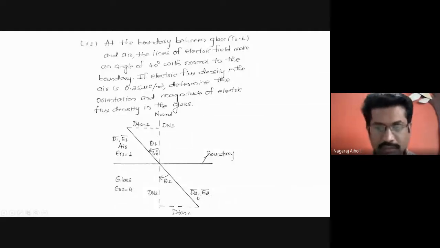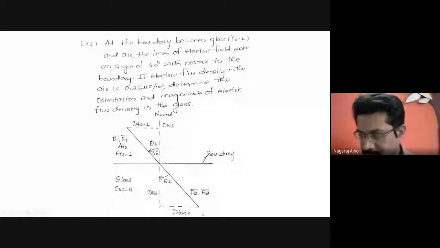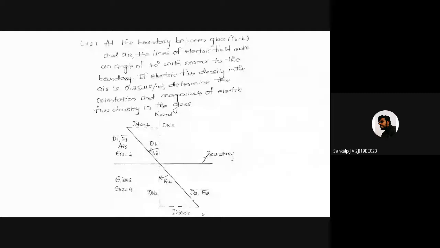As per the equation, D2 square is equal to Dn2 square plus D tan 2 square. Sir, answer is 0.6707 into 10 raised to minus 6.